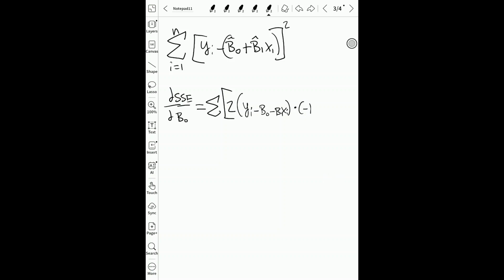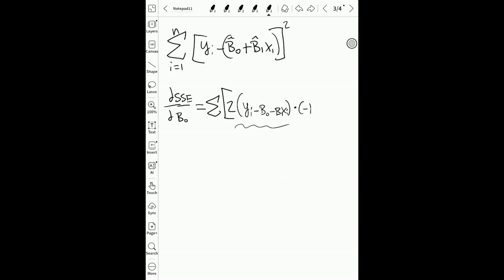So once you're inside of this, all that's going to be left is this term. The initial chain rule brings down that 2, giving you 2 times all this stuff here. Then for what happens inside, the yi term is going to go to 0, minus beta naught.